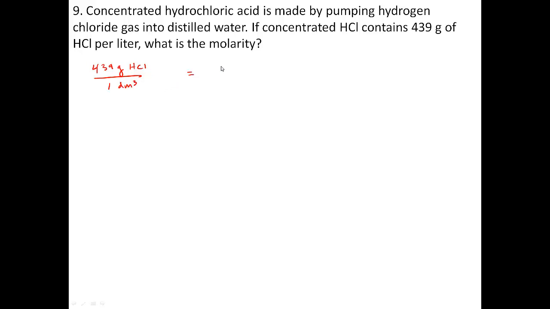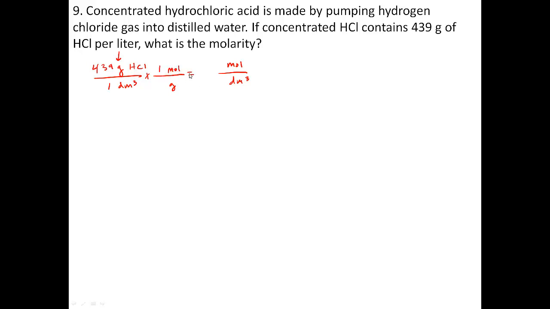We're trying to find the molarity. Well, what are the units of molarity? Moles per decimeter cubed. So we're almost here, only we've got grams instead of moles. Let's change the grams over to moles. How do we do that? We use our molar mass from the periodic table. So take grams, because that's what we want to get rid of and cancel out, put it on the bottom. Take the moles, put it on top.